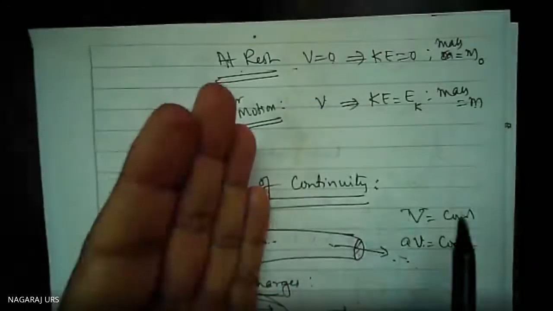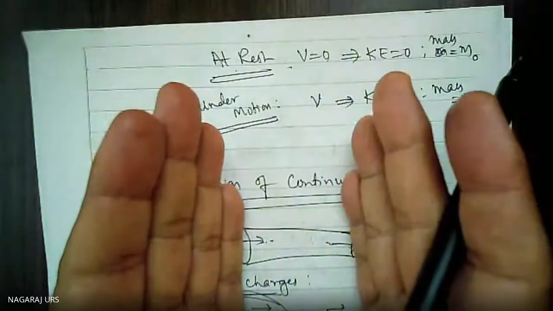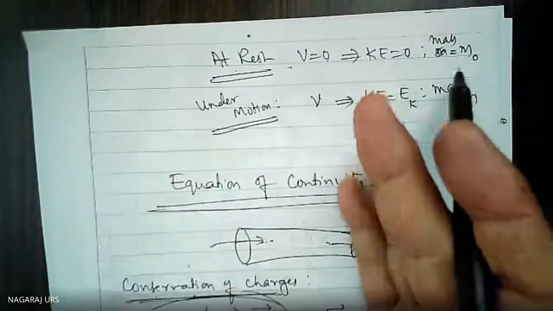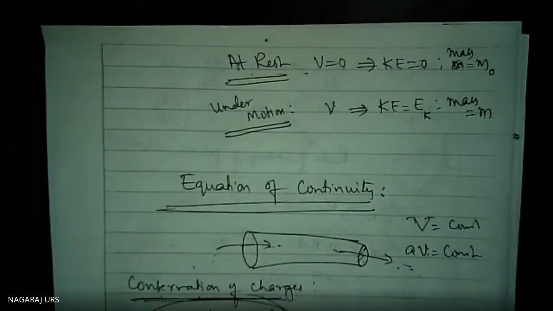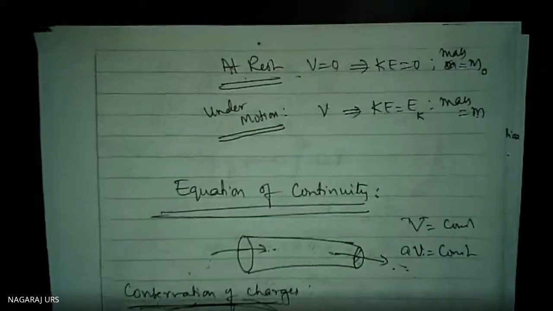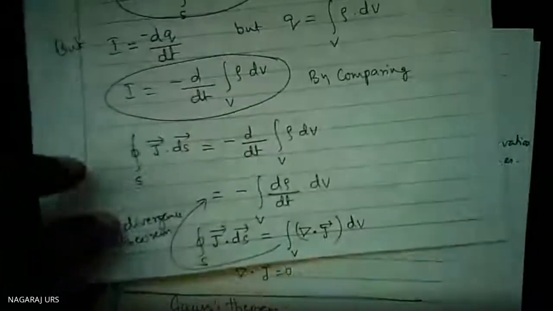Because whatever water is existing is constant, not moving. If the current is flowing, then only the charges are flowing. Charge flowing means it is a current flow. That is the meaning. For that one only we have derived the equation.